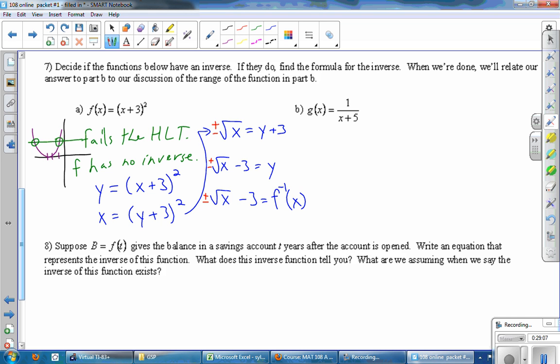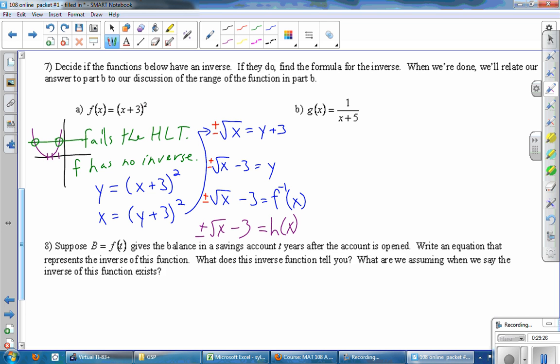And so now if I just gave you this formula, let's say I just said, hey guys, h of x is this function I'm thinking of, and it's plus or minus the square root of x minus 3, you should say, wait a minute, that's not a function. Because you can pick a value of x and have two different values of y that pop out.